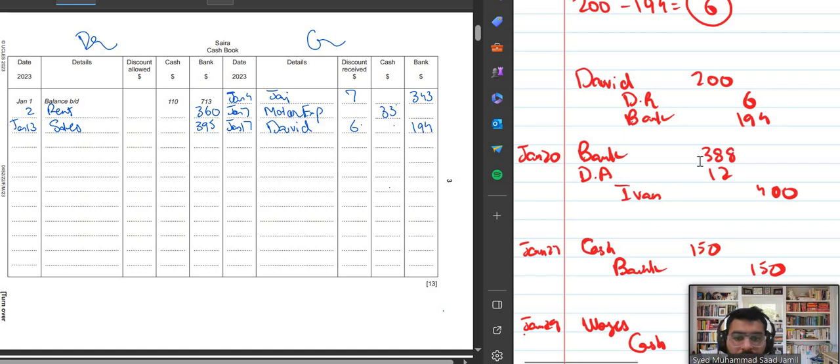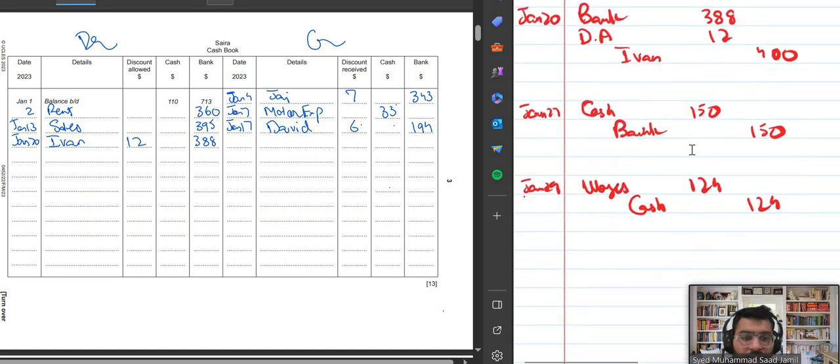Now Jan 20th, we received money in our bank through Ivan. So we will write Jan 20th. We received money because of Ivan. We discount allowed. We allowed a discount of 12 and then we got paid in our bank how much amount? 388. So far so good, easy.